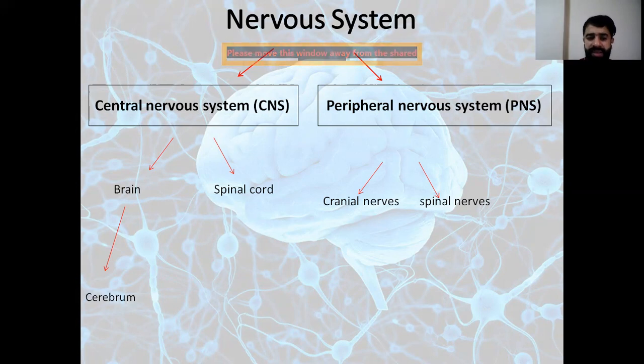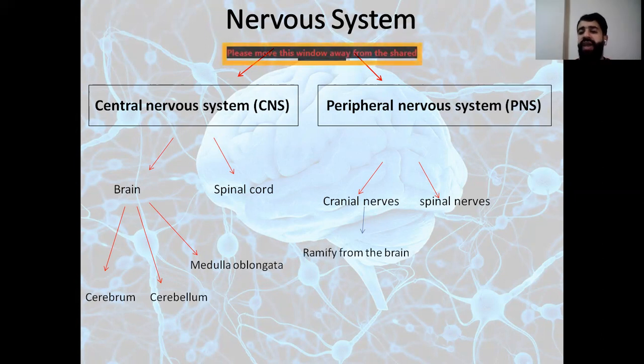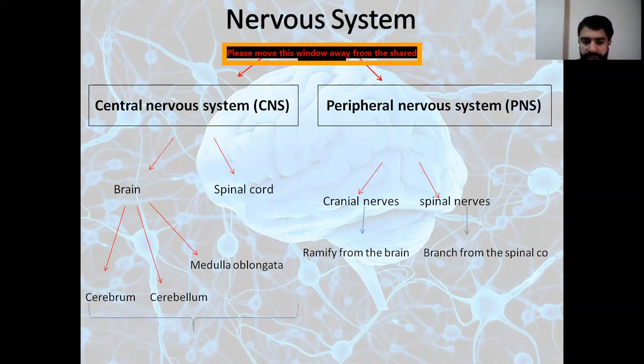The brain is composed of the cerebrum, the cerebellum, and the medulla oblongata, whereas the cranial nerves come from the cranium. So they ramify or branch from the brain, whereas the spinal nerves, as their name indicates, ramify or branch from the spinal cord.